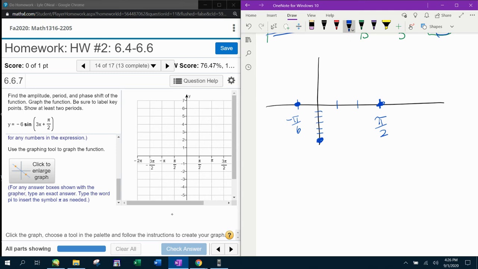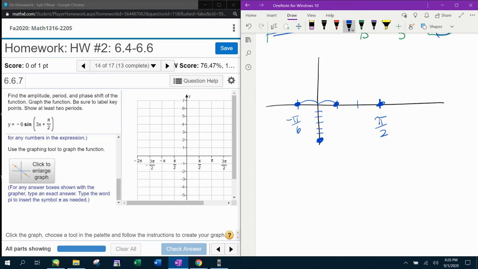Starting on the x-axis, at my first hash mark, I'm at -6. At the next hash mark, I have to return to the x-axis.